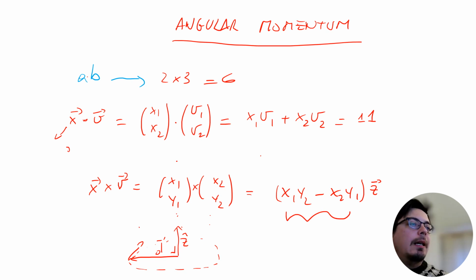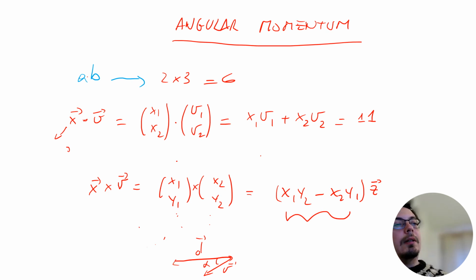There are subtleties here. I don't want to go into the detail now because it's annoying math, but basically if the vectors d and v are not at 90 degrees, and this angle is alpha, you can still define the vector product with modulus v, modulus d, so the length of the vectors, times sin alpha, and the direction is still z.